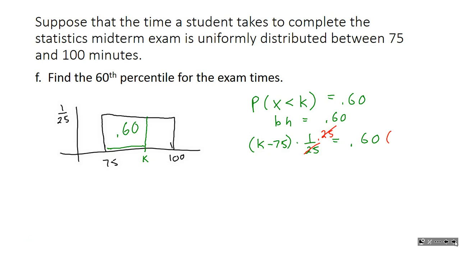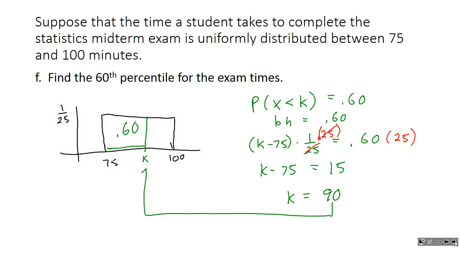I'd also have to multiply the right-hand side by 25 also. By the way, this was not 0.25, that was times. Why don't I write it in parentheses to avoid any confusion there? So now we would have k minus 75, and 0.60 times 25, that equals 15. If you now add 75 to both sides, you will have k equals 15 plus 75 is 90.